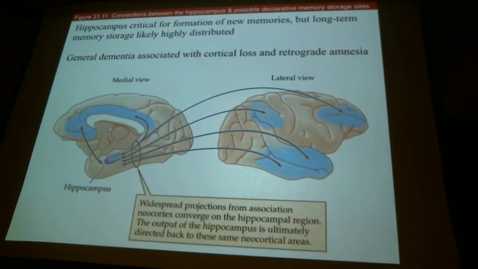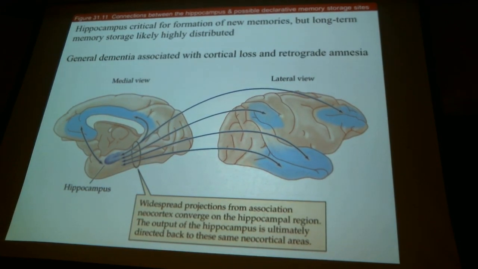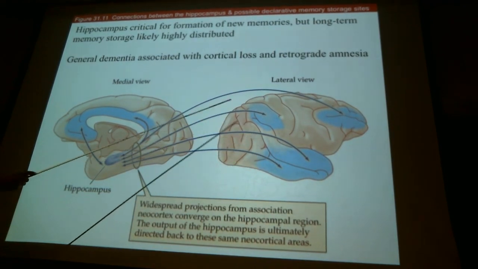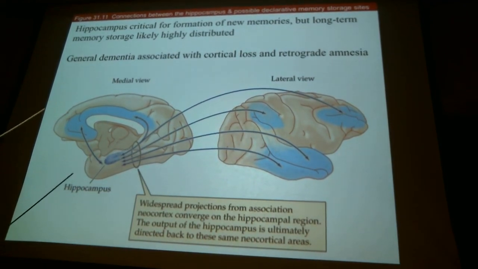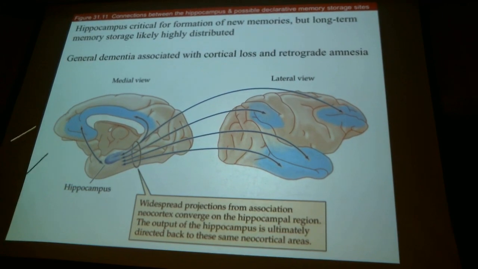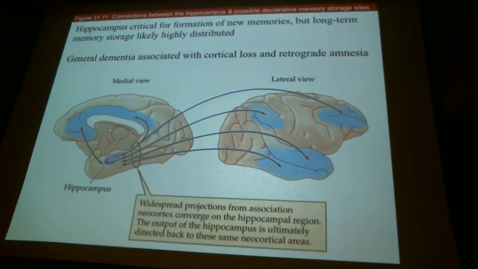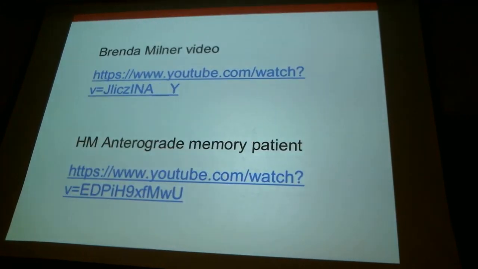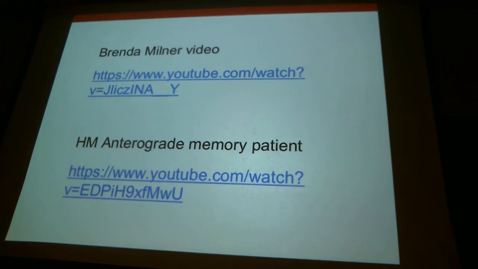Okay, so we know the hippocampus is really crucial, but the hippocampus is kind of a hub, so it really talks to many other areas of the brain, including various areas of the forebrain and temporal lobe, and this part of the cortex that we'll talk about next time. But I'm going to show you a little bit of the video.